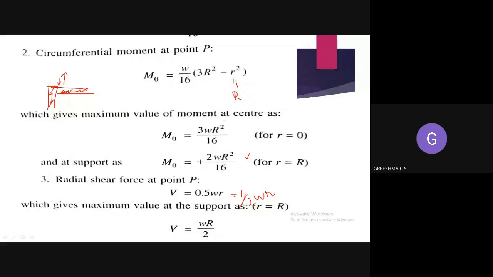Because the radial shear force will always be maximum at the support. So here r is equal to R.